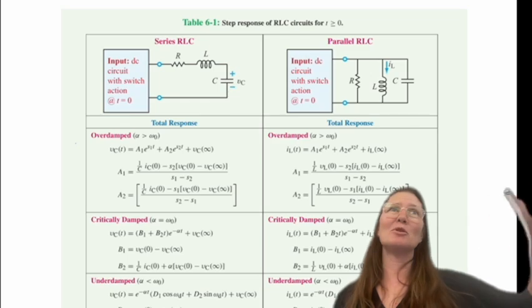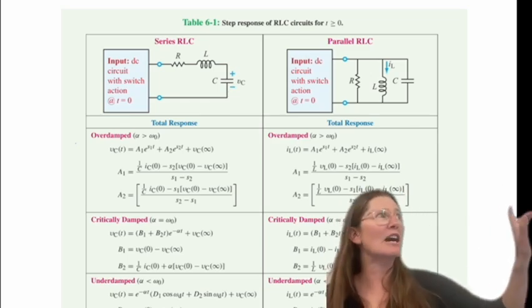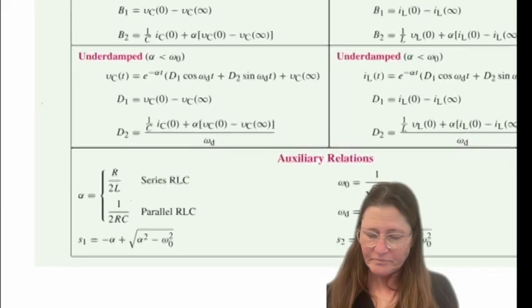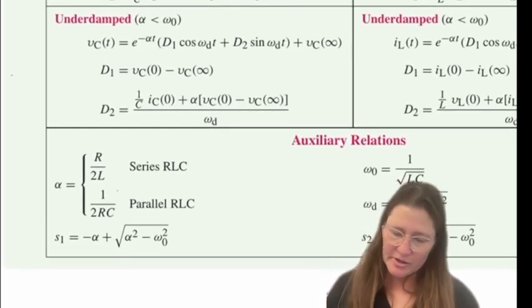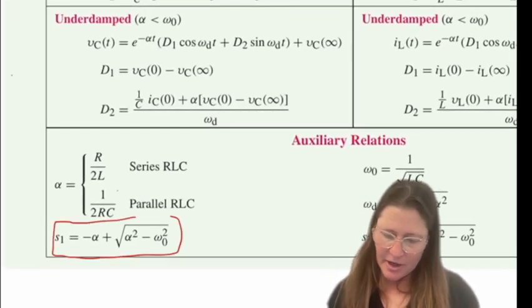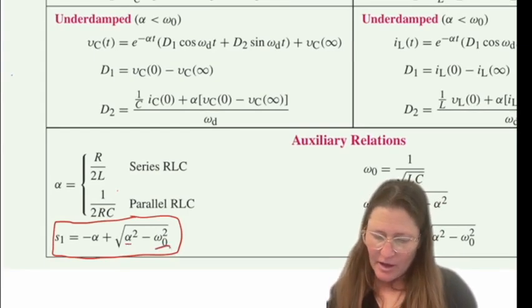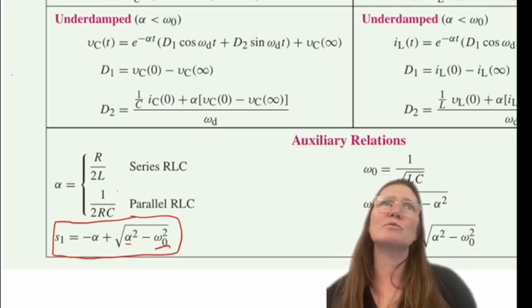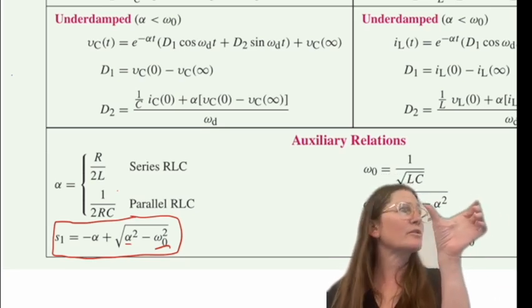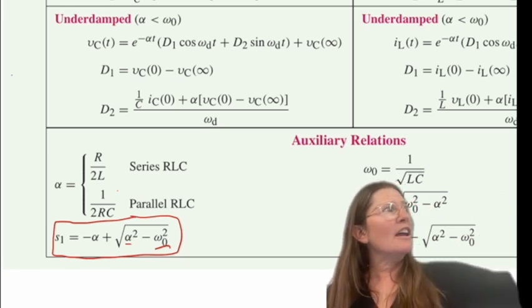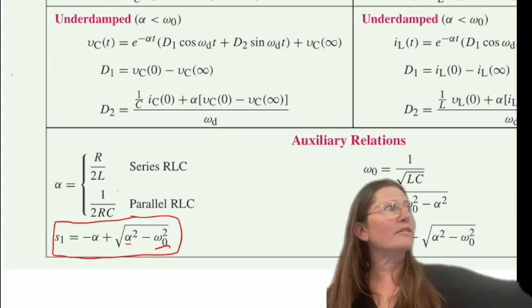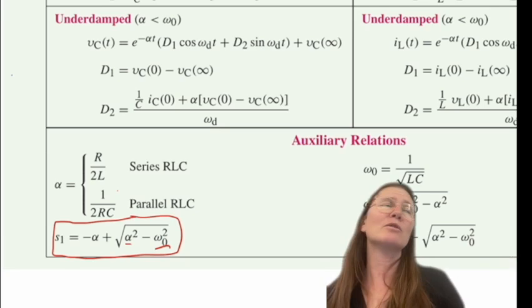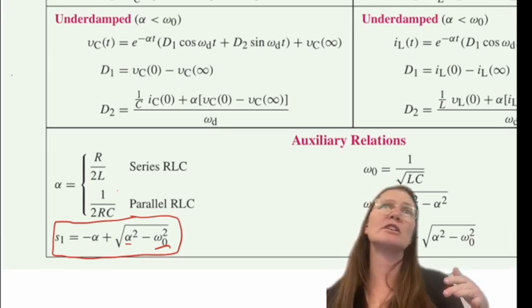This is a table that is a supplement to that, where if you solve the characteristic equation and find your roots, it looks at just the alpha and omega naught, which is what's in there for the square root portion. And if you're in series or parallel, it's always going to be of the form R over 2L or 1 over 2RC.